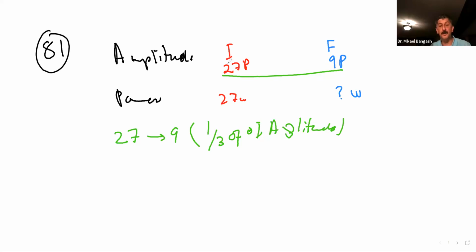So the amplitude is reduced to 1/3 of its initial. Now, the only thing you need to do is square that.